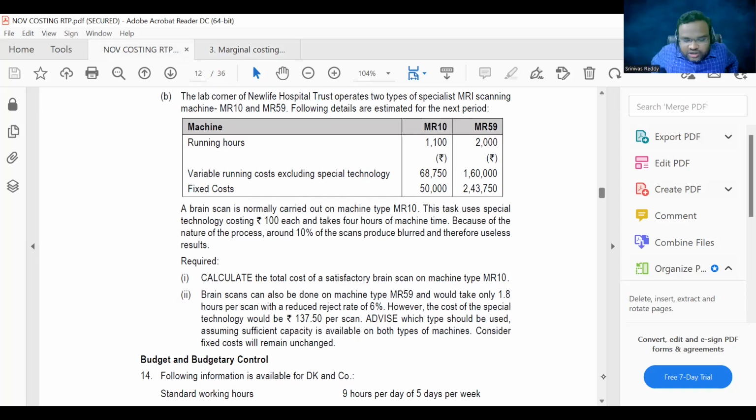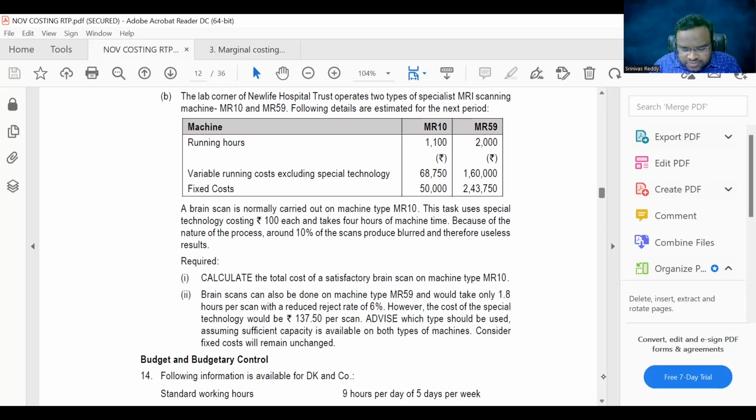The lab corner of New Life Hospital Trust operates two types of specialist MRI scanning machines, MR10 and MR59. The following details are estimated for the next period. Running hours 1100, and 2000 for MR59. Variable running costs excluding special technology 68,750 and 1,60,000. Fixed cost is given. A brain scan is normally carried out on machine type MR10.